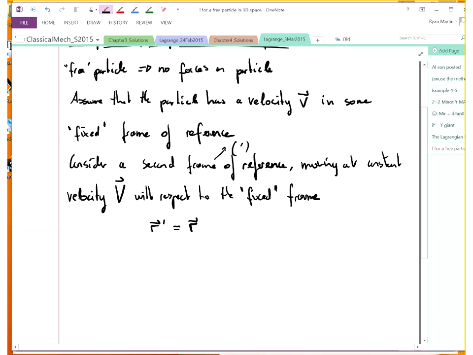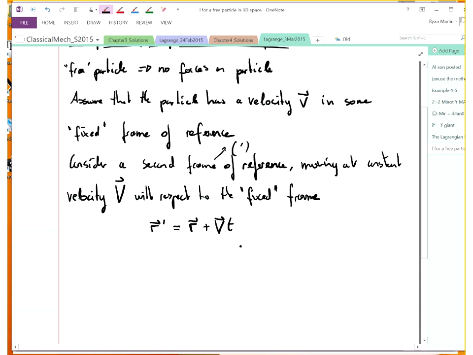So if I describe the position of the particle in the fixed frame of reference as r, the position of the particle, r vector prime, in the moving frame of reference is the same as the position in the fixed frame of reference plus the relative speed of the frames of reference times t.